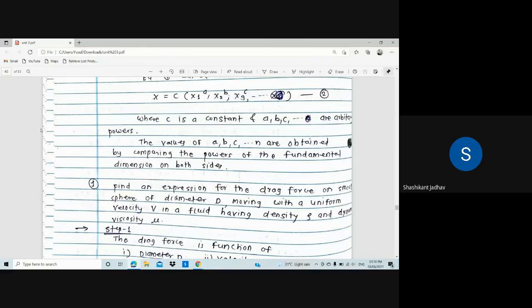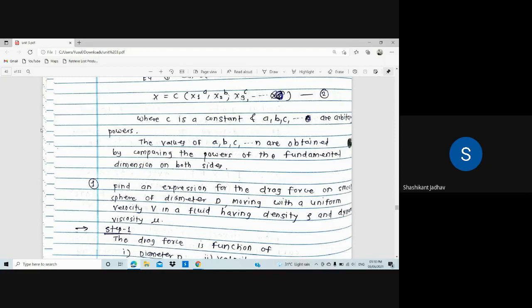Okay, so how to calculate these arbitrary powers? By comparing the powers of the fundamental dimensions on both sides, we have to calculate the values of a, b, c. So a, b, c are our arbitrary powers.